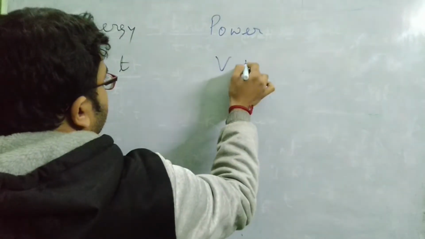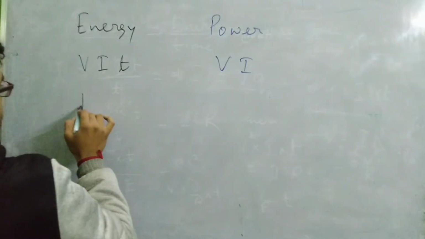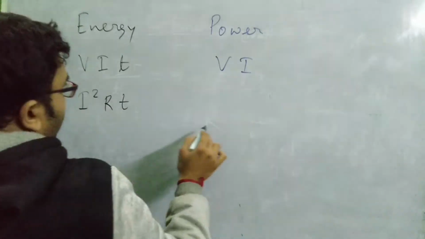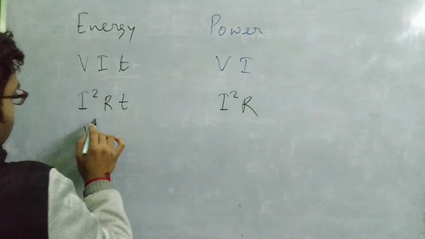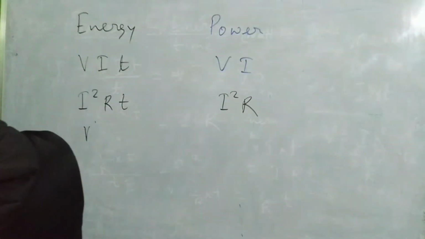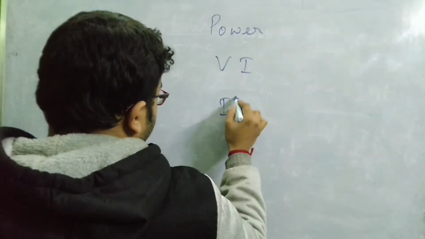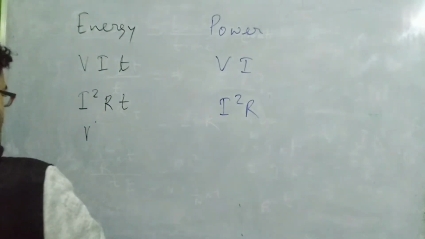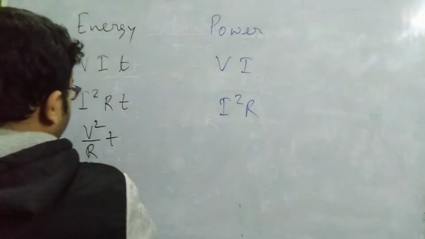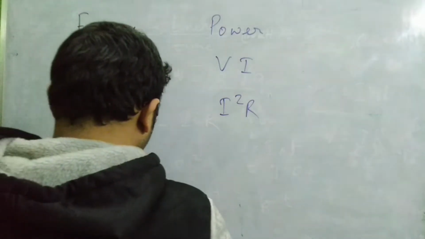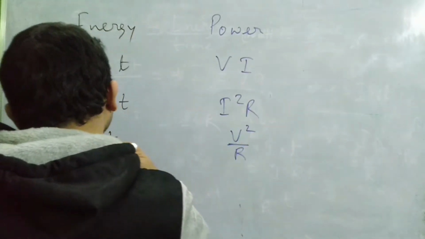So power is V into I. Second formula turns out to be I square into R into T. This turns out to be I square into R. Third formula was V square by R into T. So here it will be V square by R. Okay, so these are the three formulas.